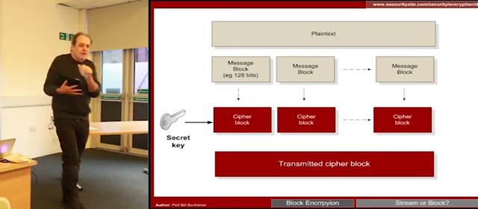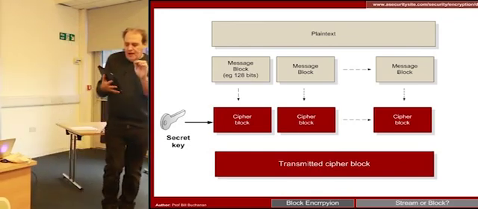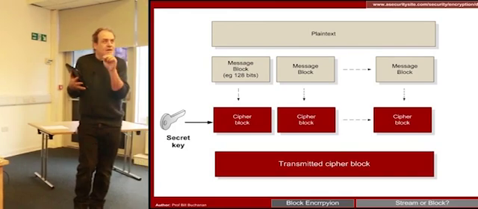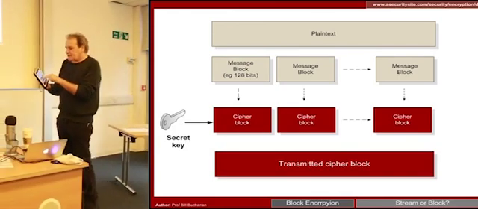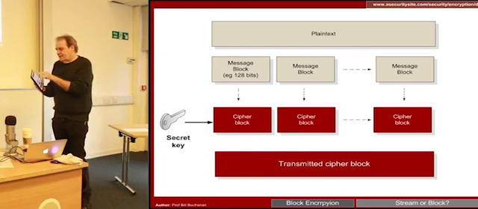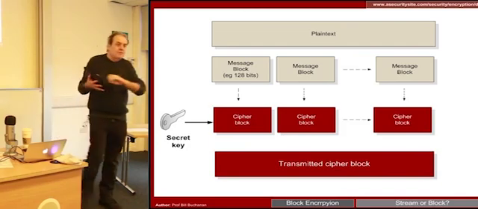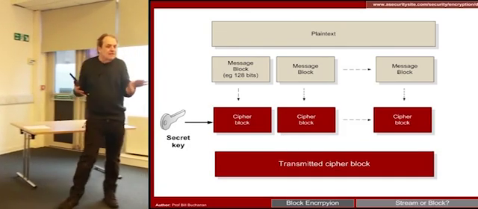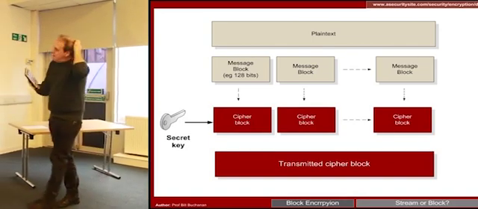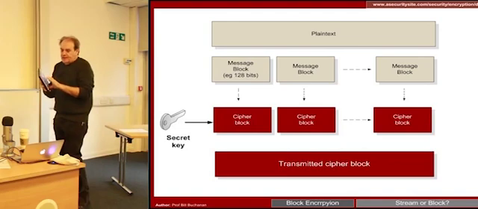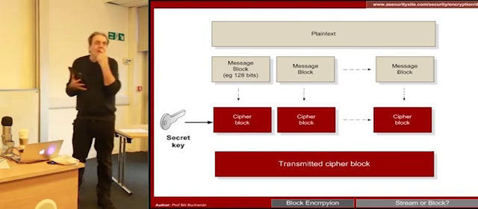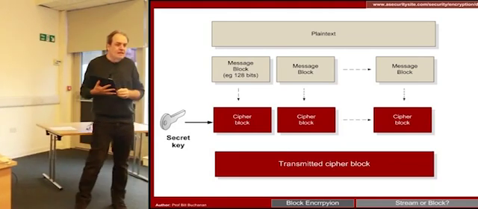So the way that we do our ciphers is we either do it by stream or by block. By block, we take a block at a time and then we cipher it. We then stitch together all the cipher blocks and we send that as a cipher stream. A typical size of a message block is 128 bits. How many bytes is that?